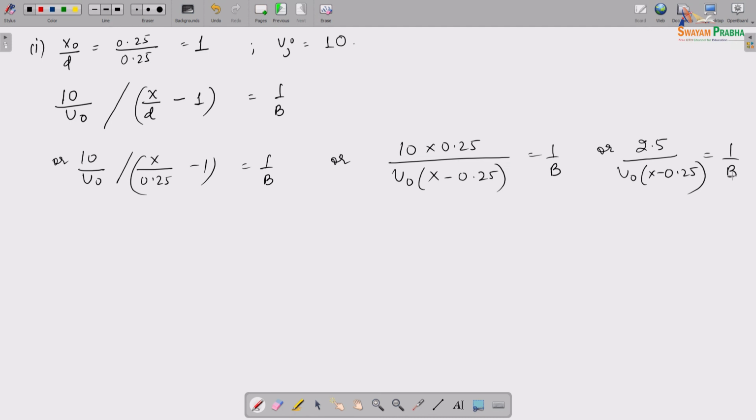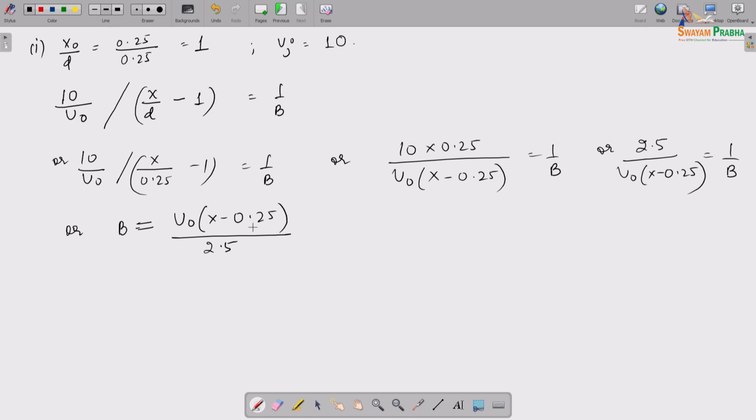Or let us just say u naught is equal to b into x minus 0.25 by 2.5.